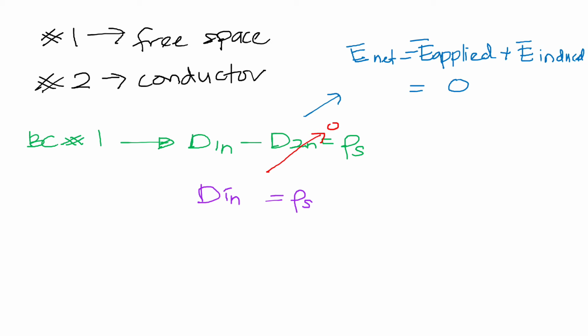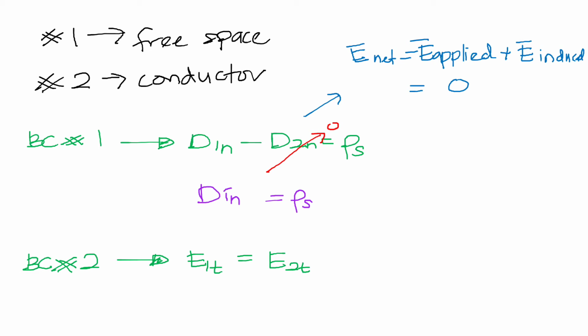Now look at boundary condition number 2. That is the tangential component, and the equation is E1t equal to E2t.